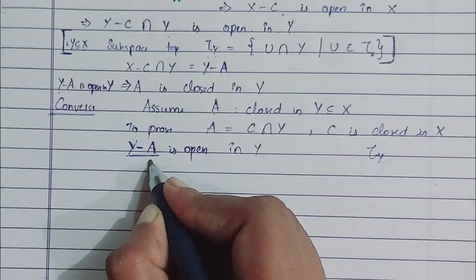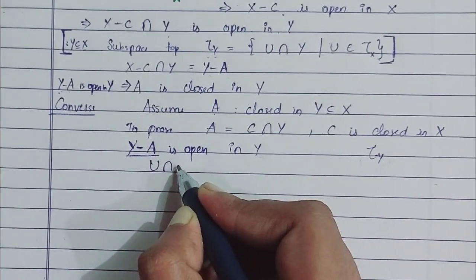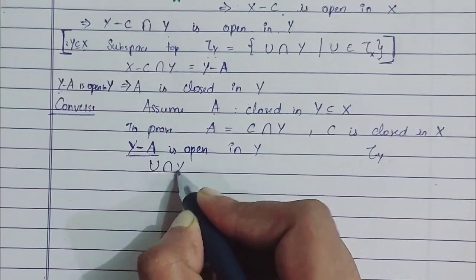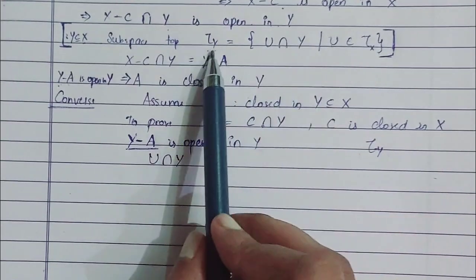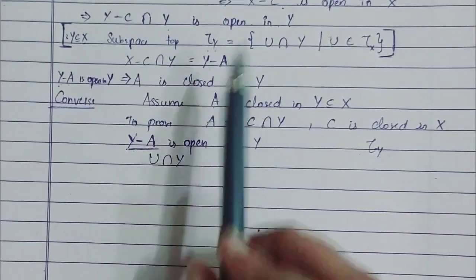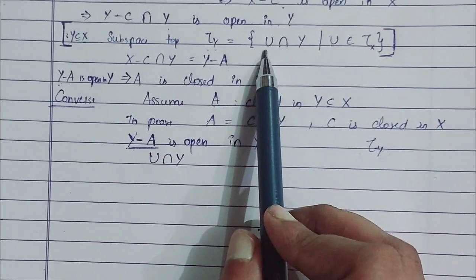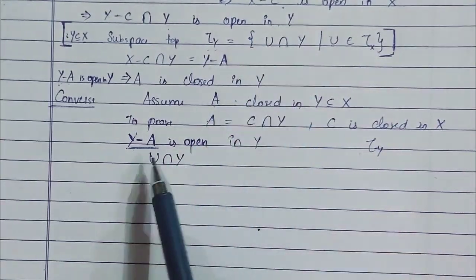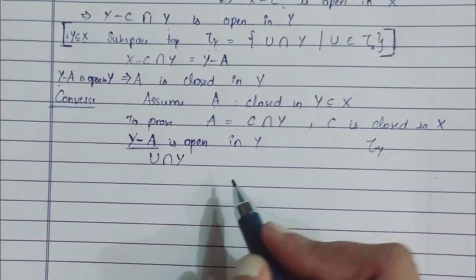So it is of the form some U intersection with this Y, because you already saw the subspace topology definition. Y minus A belongs to tau Y means, because it is open in Y, it is of the form U intersection Y for some U, where U belongs to tau.